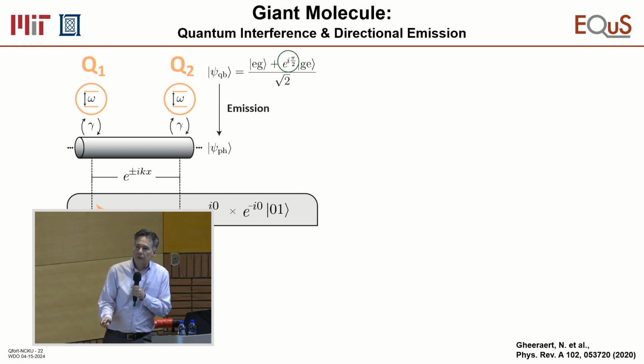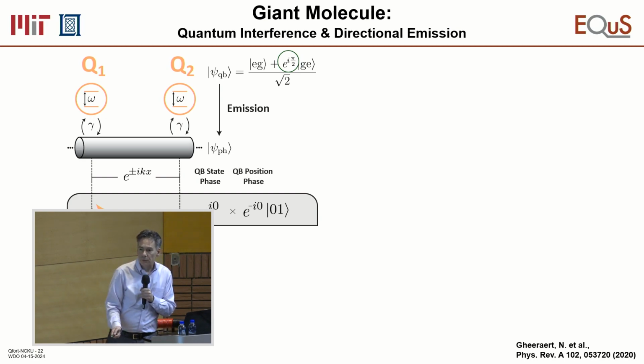One is that qubit 1 was excited and it emitted its photon, and the photon went to the right. And we can calculate the phases that would go with that. One is the qubit state phase. Well, that's an overall phase, so that's 0, e to the i 0. And the other is the position phase. Well, I'm going to define this as x equals 0, so that's also 0. On the other hand, the rightward photon might have come from qubit 2.